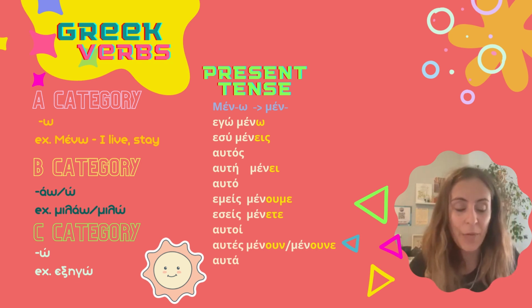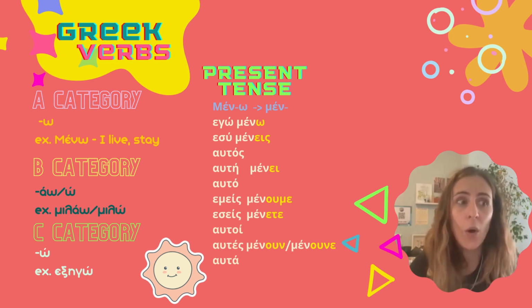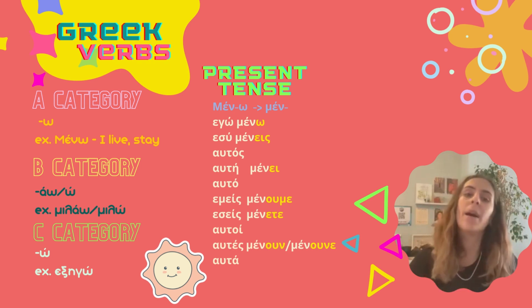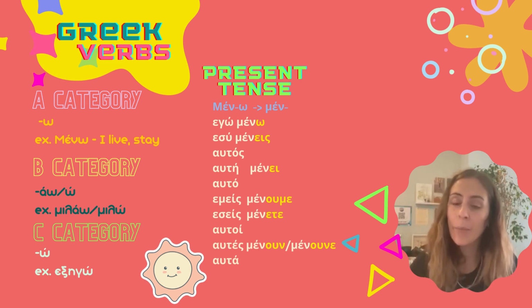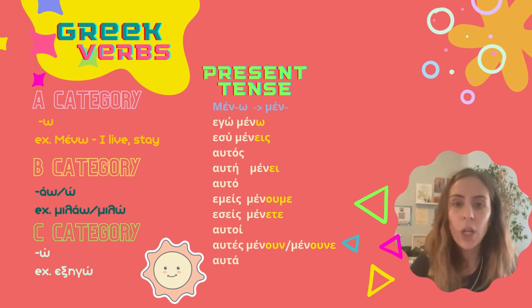Now, before we start to conjugate them, I would like to tell you that in Greek we have only one present tense. It's not the same as in English, where present simple and present continuous exist. We have only present, and it can be simple or continuous depending on the context.